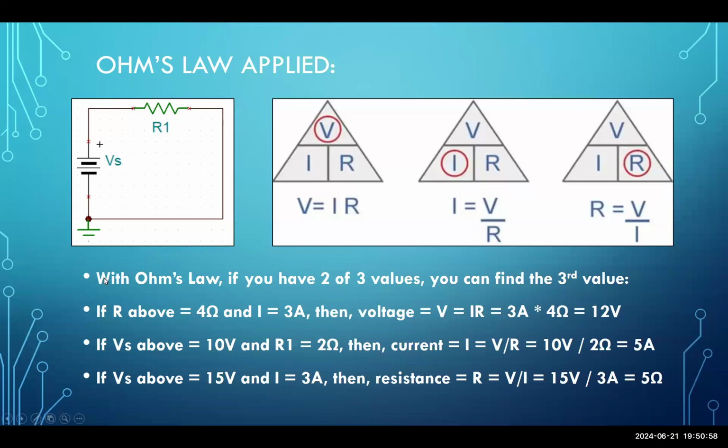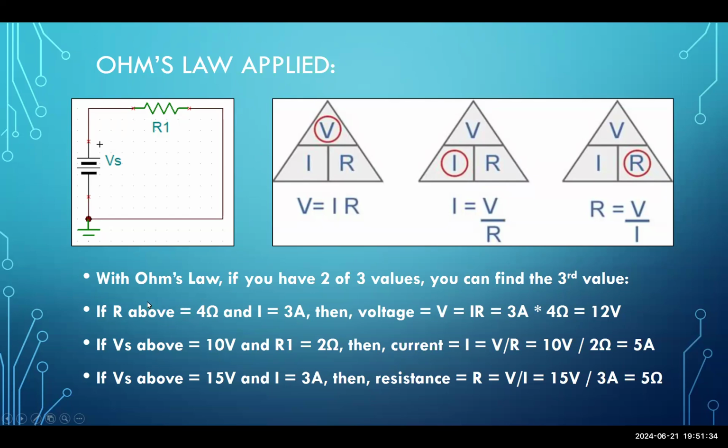So the first bullet point says, with Ohm's law, if you have 2 out of the 3 quantities, you can calculate the third value. Easy. So if R is given as 4 ohms and I is given as 3 amps, this is where you need to go to that table of electronic units and understand that omega is the unit symbol for resistance, and capital A is the unit symbol for amps or amperes, which is the unit for current.